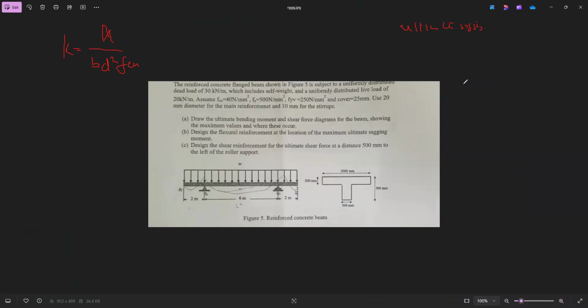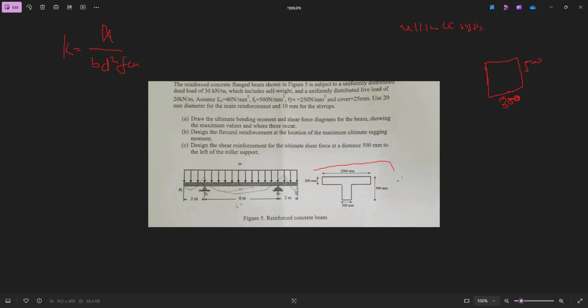But I want the part that says a rectangular section. It's a rectangular section at supports, B equals 300 millimeters, H equals 500 millimeters, and the flange. The breadth is 300 and the height is 500.